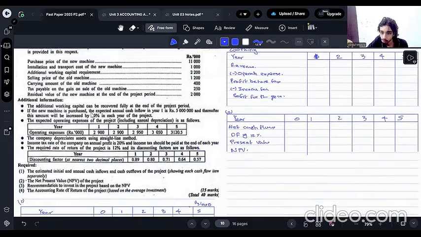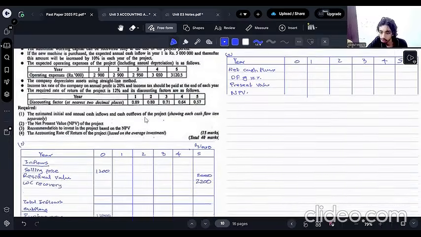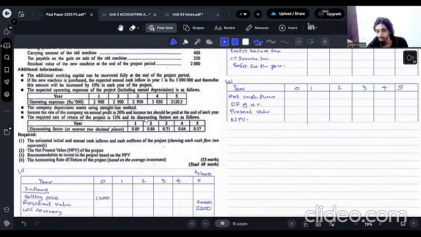If the new machine is purchased, the expected annual cash inflow in year 1 is 5,000. And thereafter, this amount will be increased by 10% each year of the project. Okay, it will keep on increasing by 10%.